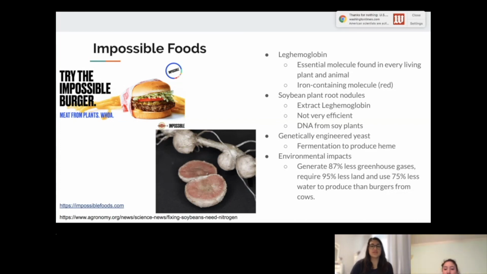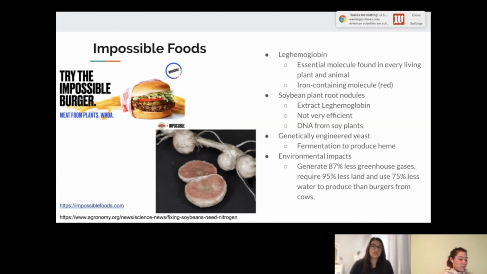The way to do this is by targeting the hemoglobin molecule that is found in a soybean root nodule. The image on the bottom is showing us a soybean root nodule, and the reddish pinkish hue is the presence of the hemoglobin molecule. A form of the hemoglobin molecule is present in every plant and animal as it's an iron-containing molecule.